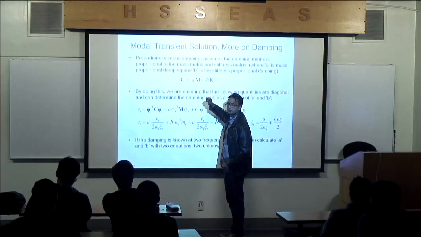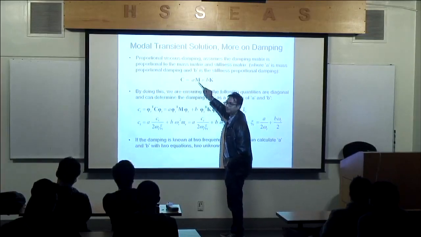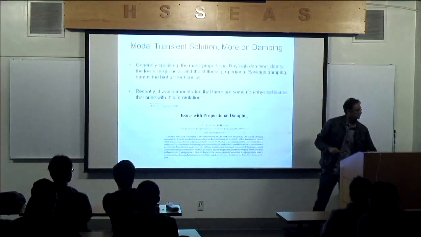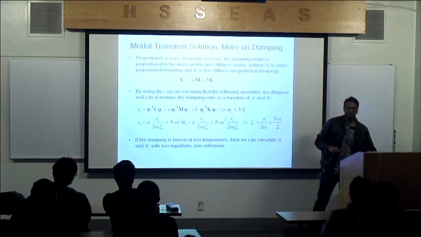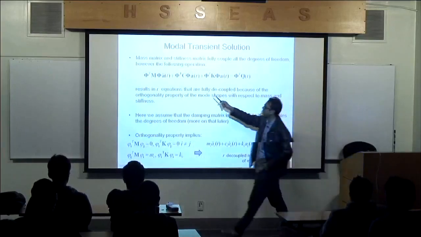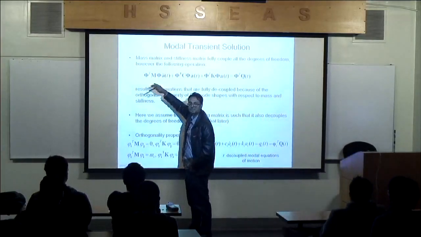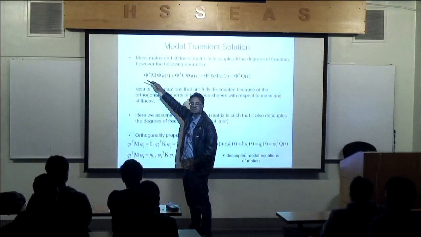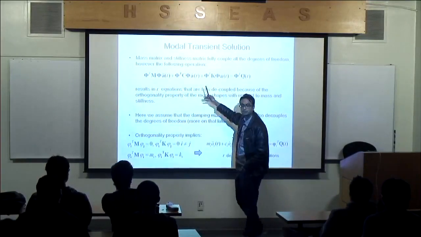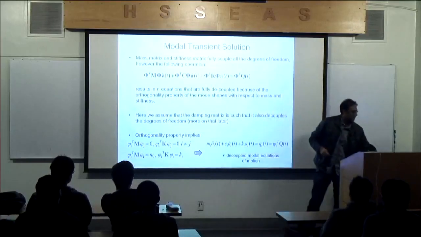But what is cool is this. Don't you agree that if I do phi transpose M phi, I get a diagonal matrix? And if I do phi transpose K phi, I get a diagonal matrix? Well, that's exactly what I'm saying.